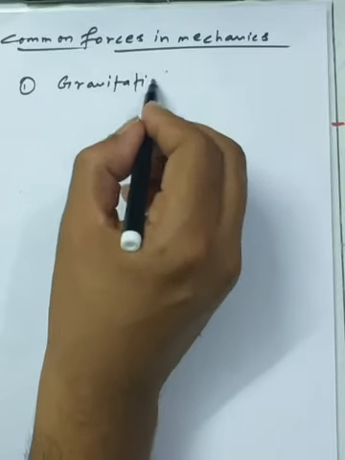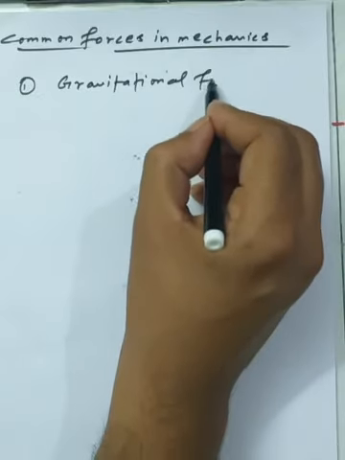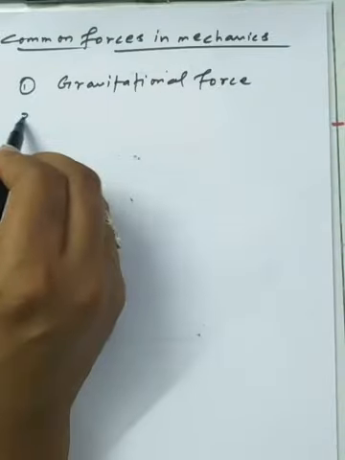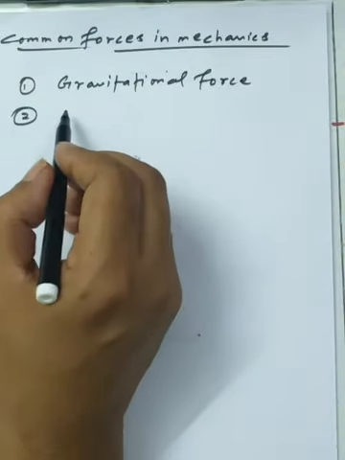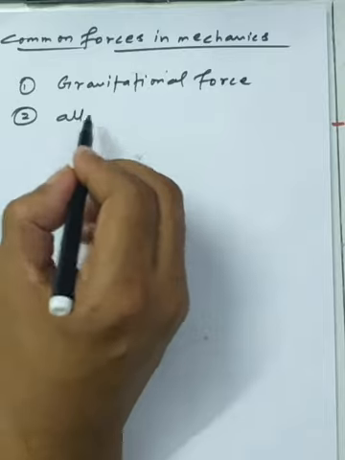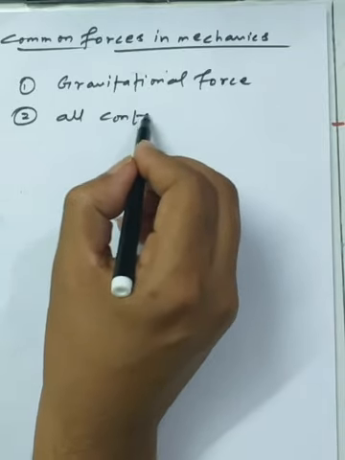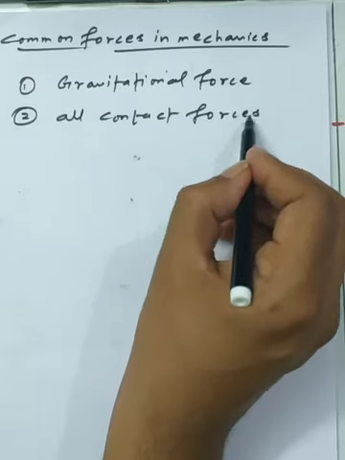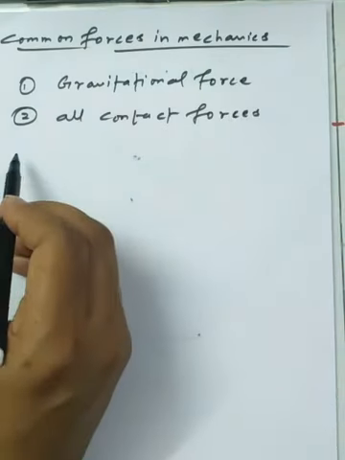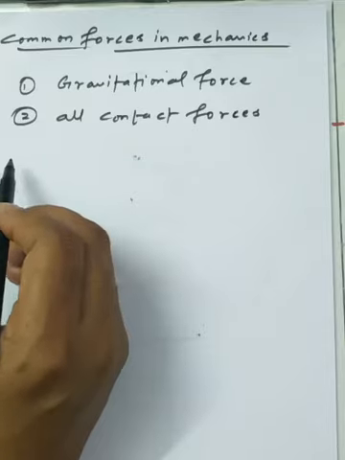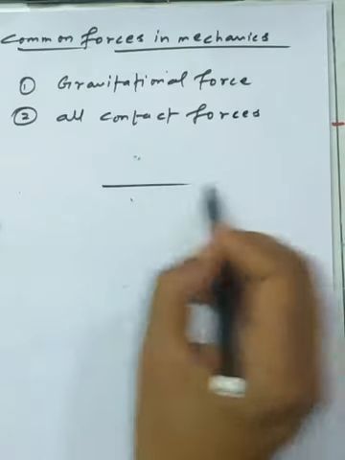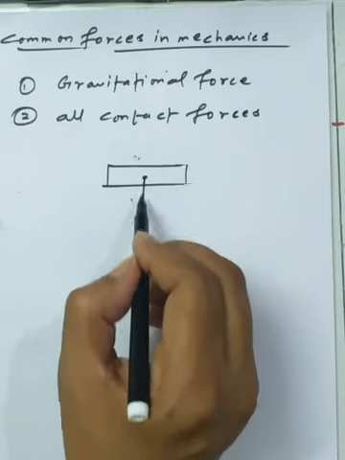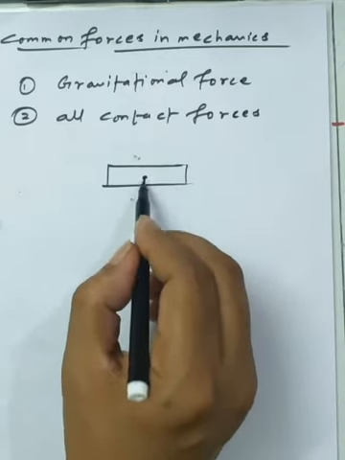Gravitational force is an example of the forces in mechanics, and we always assume it. Then all the types of contact forces. We assume all the types of contact forces, just like taking a body on a surface, and contact forces act along the surfaces.